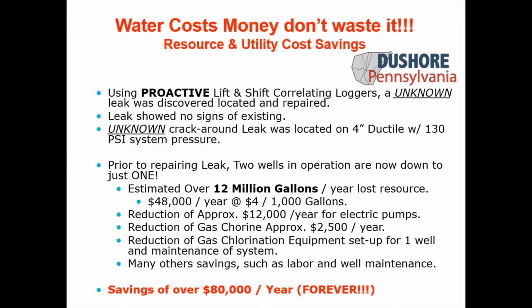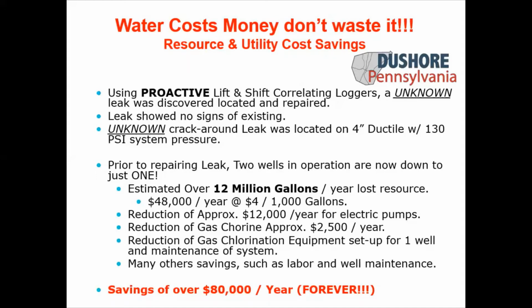But looking at it, the information we received back was an estimated over 12 million gallons per year lost resource. It was actually pretty amazing. 48,000 gallons a year, say at $4 per 1,000 gallons. Reduction of approximately $12,000 a year for their electric pumps.